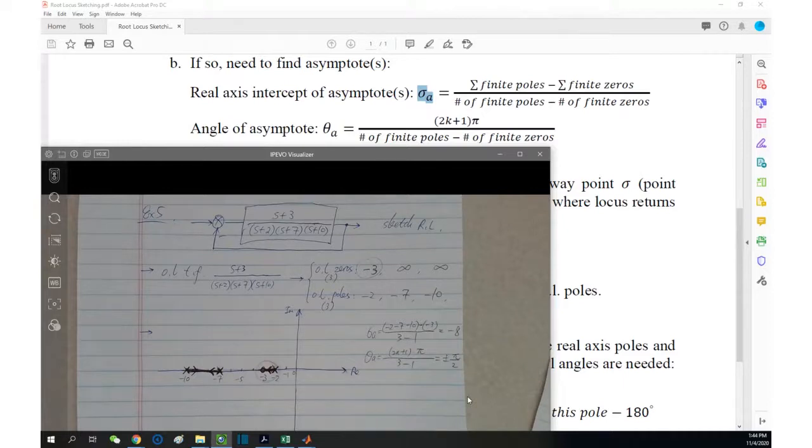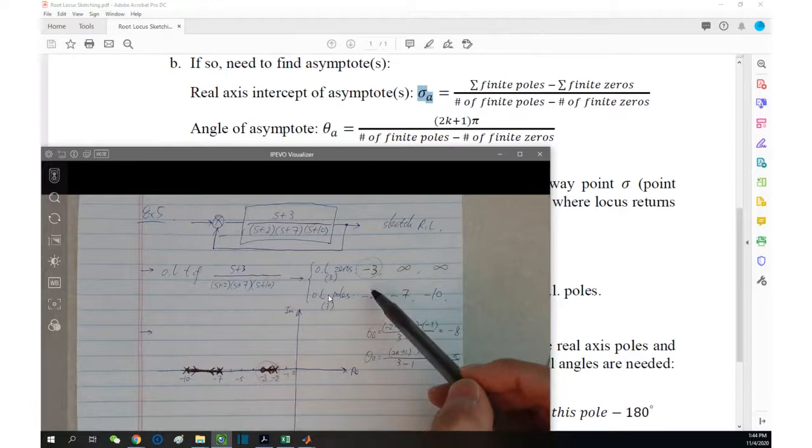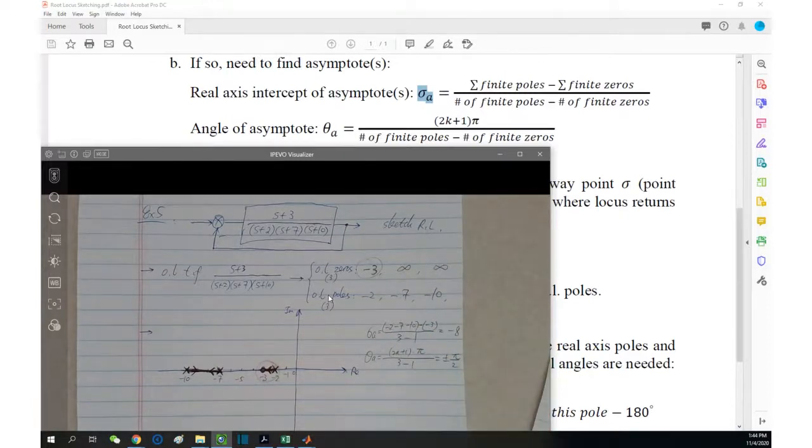So here, why 3 minus 1? The reason is that the denominator is equal to the number of finite poles minus the number of finite zeros. How many finite poles? 1, 2, 3, so 3 here. We have labeled the number 3 here. That's why it's 3, minus the number of finite zeros.